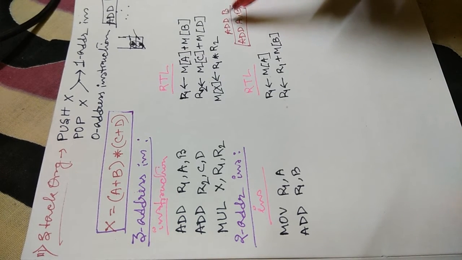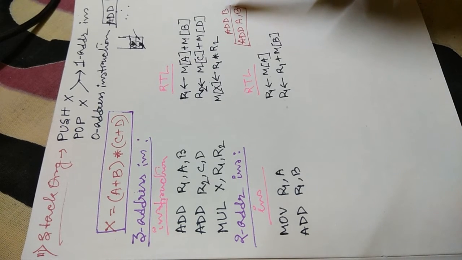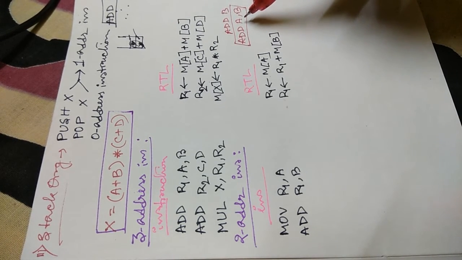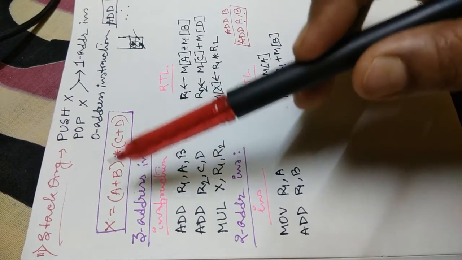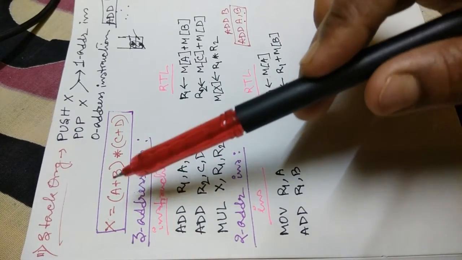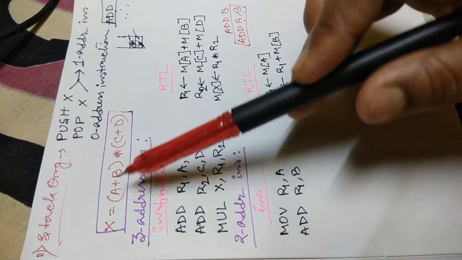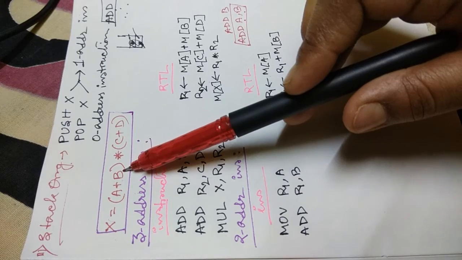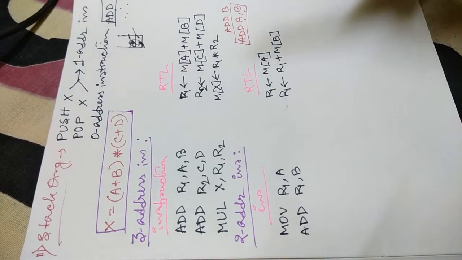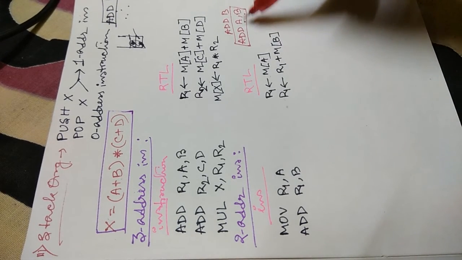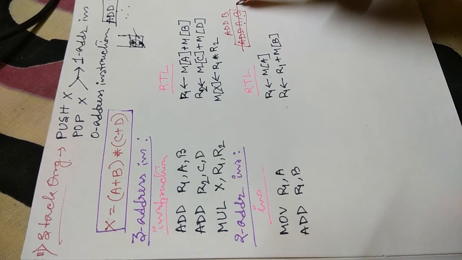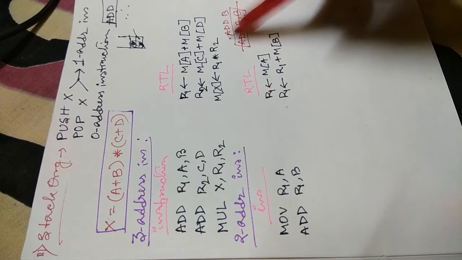The content of the accumulator is added with the content of register B. But here A, B, C, D, whatever is written here, we are considering as memory locations, not registers. That is why without any register we cannot perform any kind of operation, and we cannot write add A, B. Got it?